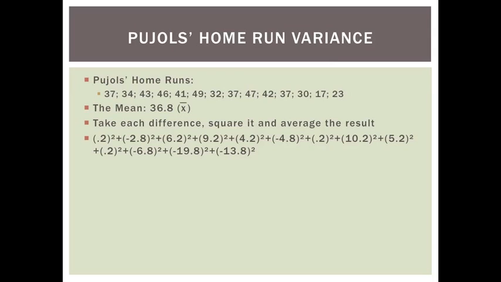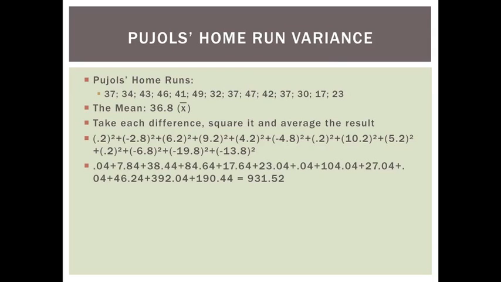So 2/10 squared would be 0.04. Negative 2.8 squared would be 7.84, and so on, as you can see there. And then you add all of those together to get 931.52 and divide that by 14. So he has a variance of 66.54, which in this case is actually a pretty wide variance.